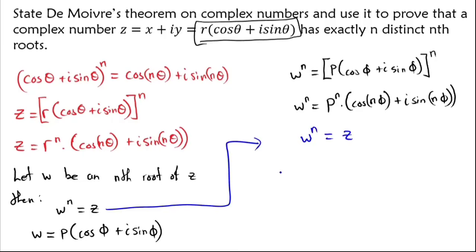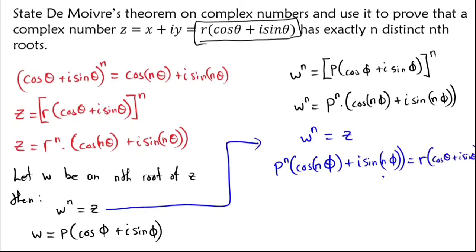If that's the case, then p to the power n, open bracket, cos n phi plus i sin n phi is equal to, now z in polar form is simply r, open bracket, cos theta plus i sin theta.